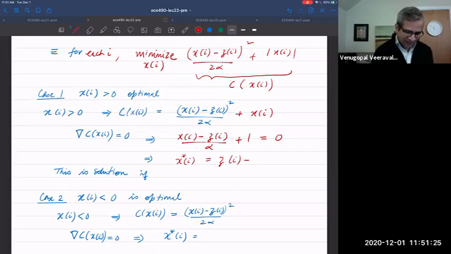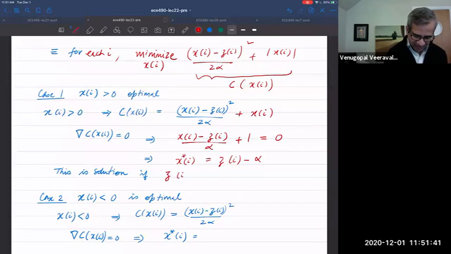This is just the x star for this minimization for the proximal function. And of course this is going to be the solution only if xi star is positive. That means this is a solution when zi is bigger than alpha.